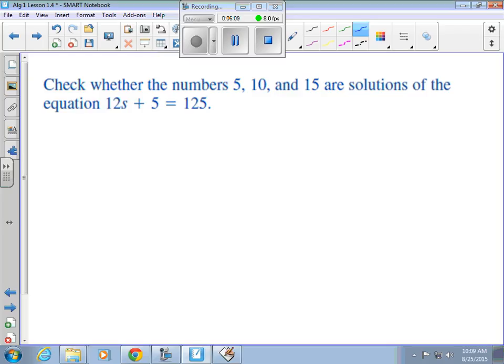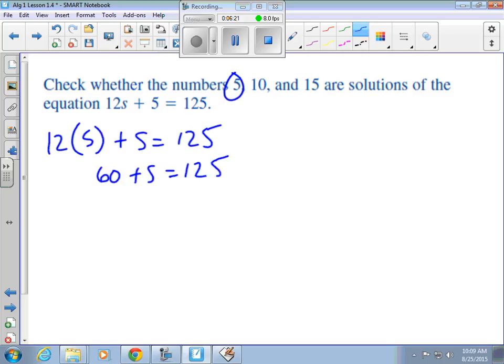Again, we're checking to see if 5, 10, and 15 are true. The first one, let's check 5. 12 times 5 plus 5 is 125. So 12 times 5 is 60 plus 5. That's not 125. Let's check 10. 12 times 10 plus 5 is 125. 12 times 10 is 120 plus 5.